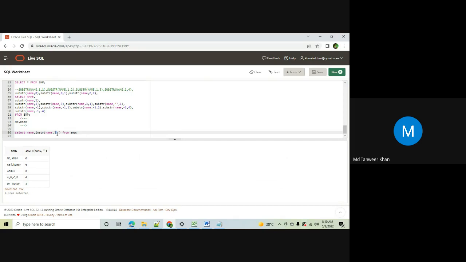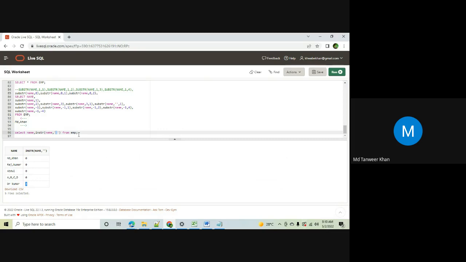See, I gave a space within quotes. Is there any space in Empty Khan? No. Is there any space in Rajkumar? No. So a space is present only in Dr. Kumar, at the third character, third position. That's why the output is 3.